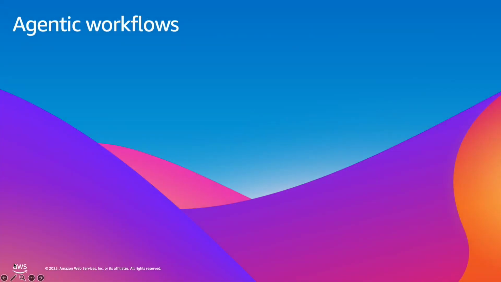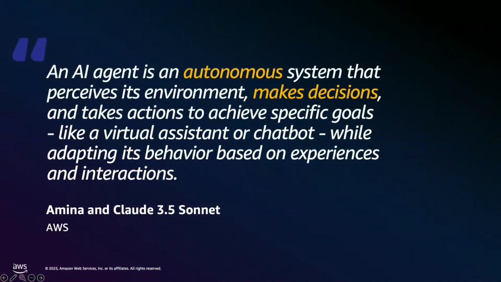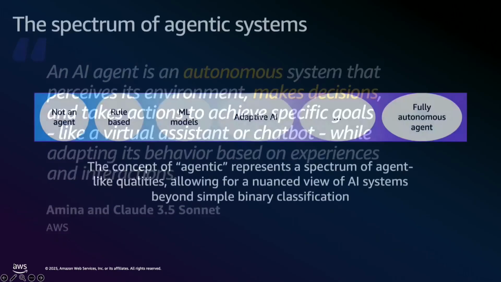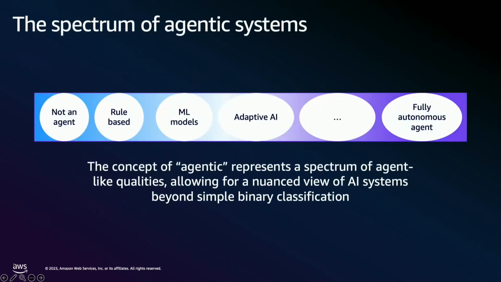Now, let's define together what an AI agent is before we even start, so everyone has the same knowledge before we move forward. An AI agent is an autonomous system that makes decisions based on its environment and its interactions. It will adapt. I'd like you to think about it not as a binary thing, but more like a spectrum.